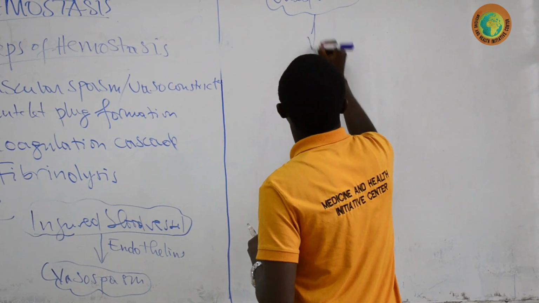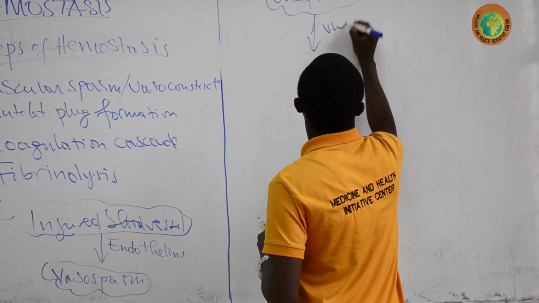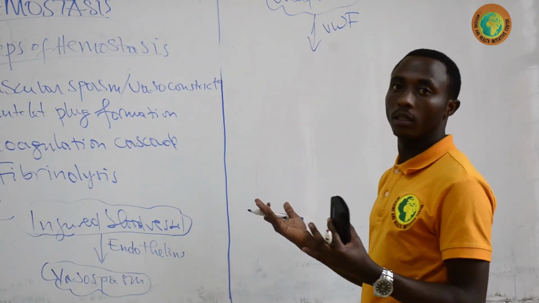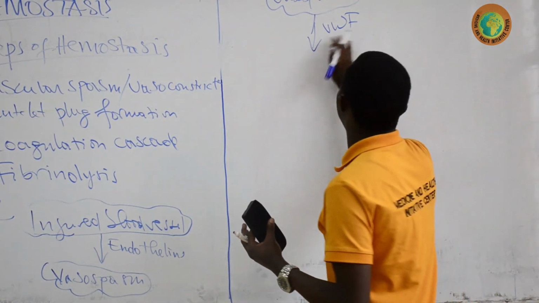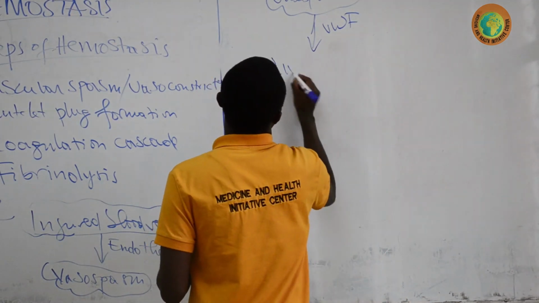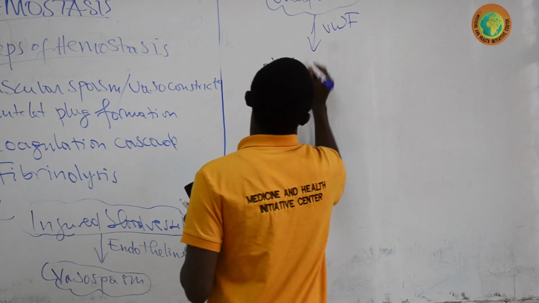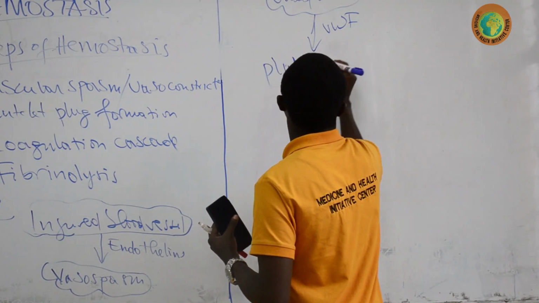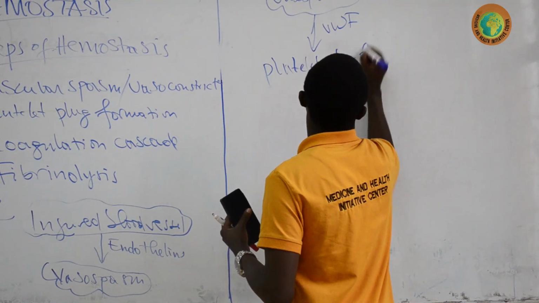Those glycoproteins are called von Willebrand factor, which stabilizes the growing platelet plug. And then you have platelet plug formation.